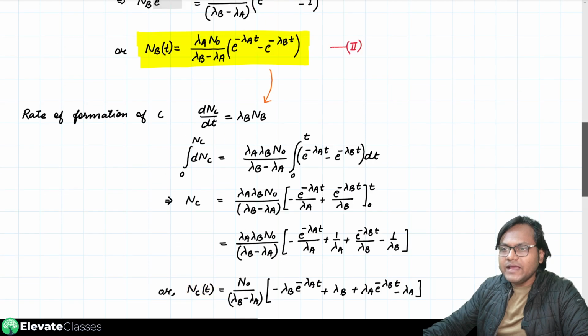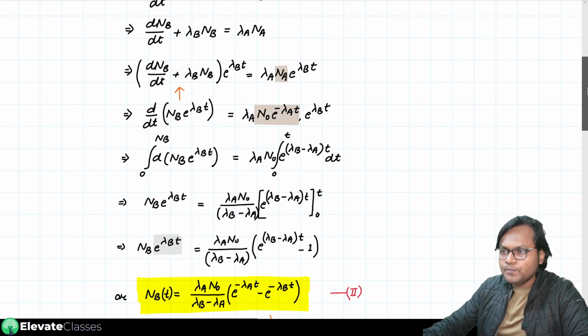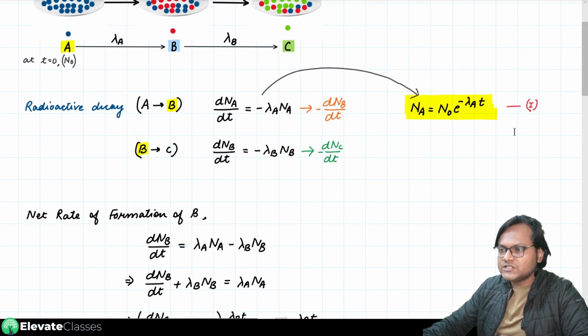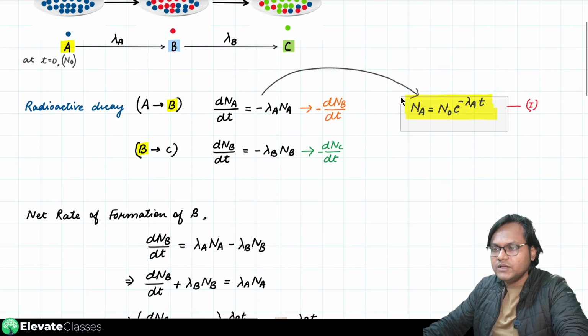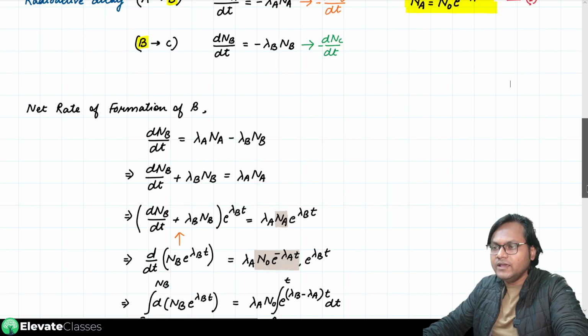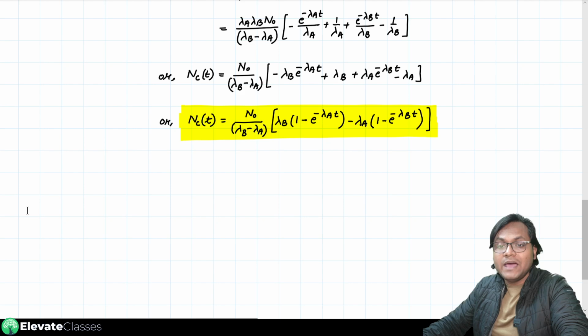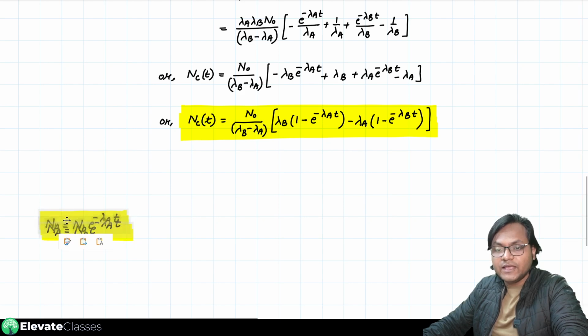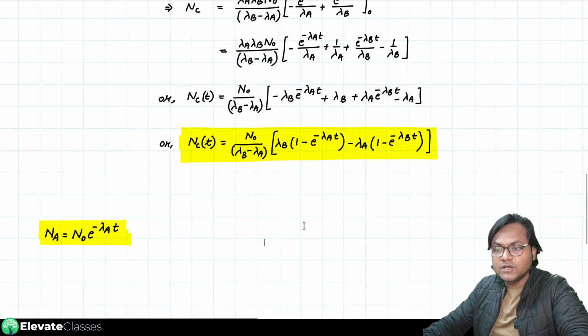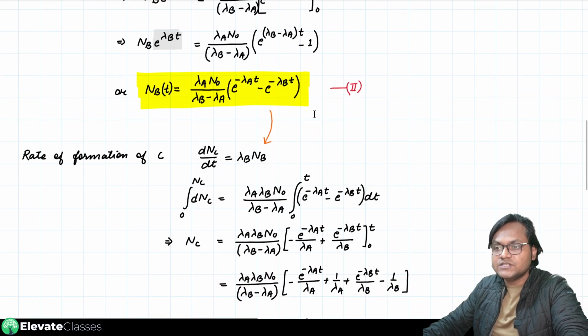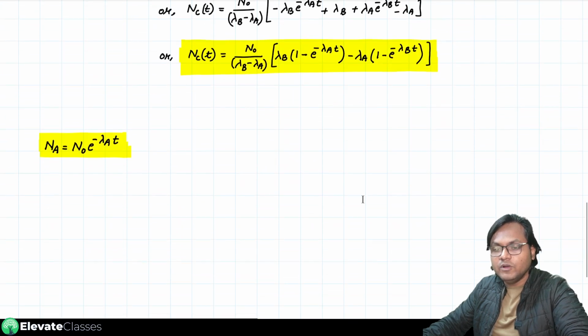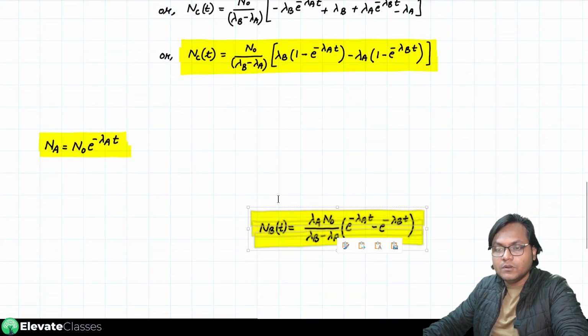But if I combine all these expressions, on one hand, I have this expression, which is the number of radioactive parent particles at any given point in time. This is the first expression. And the second expression is this one, the number of intermediate radioactive nuclei at any given point in time.